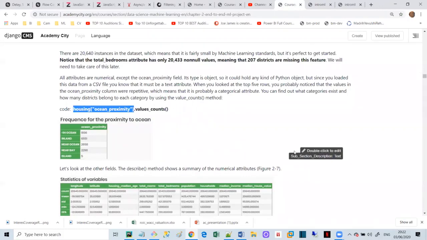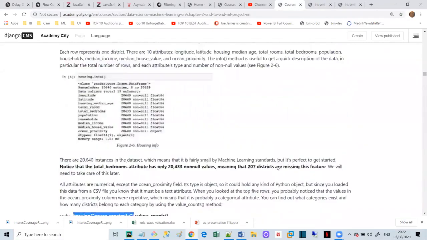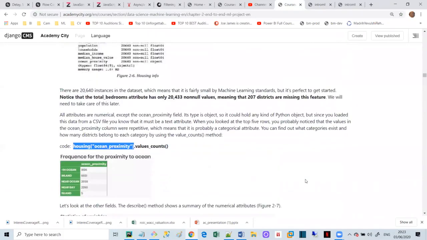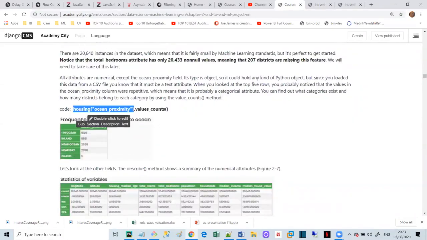The column that I'm interested in is the ocean proximity, okay? So I'm going to pick only this column. The way to pull it out of a data frame is to use the name of the data frame, which is housing, and then inside square brackets, put the name of the column, and that column is ocean proximity.